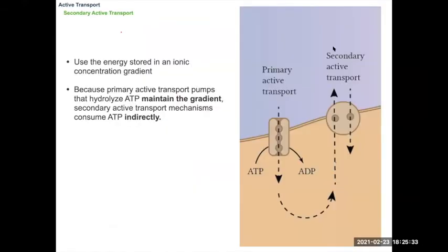And then the other one, relevant to today, is the driving of this secondary active transport here. That is, you're using this concentration gradient that's made possible by the primary active transport to drive this secondary active transport, right? Bringing things in against their concentration gradient.